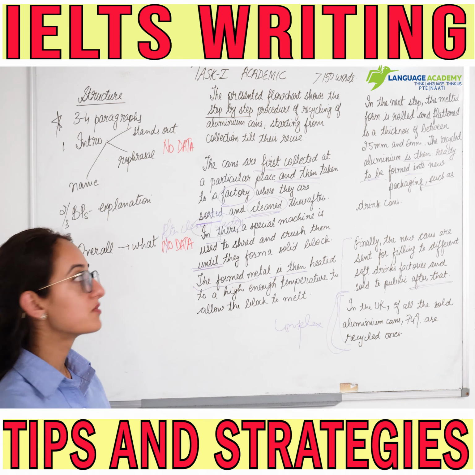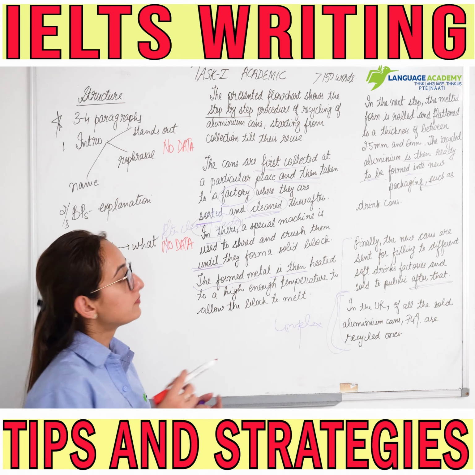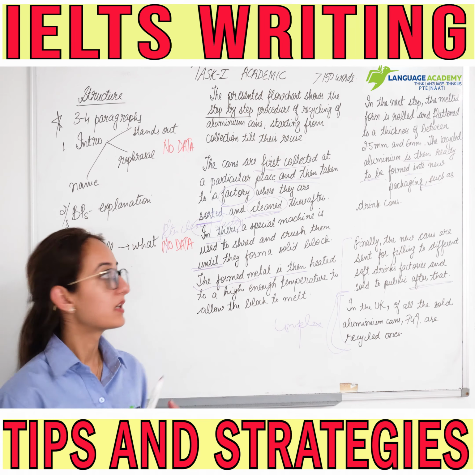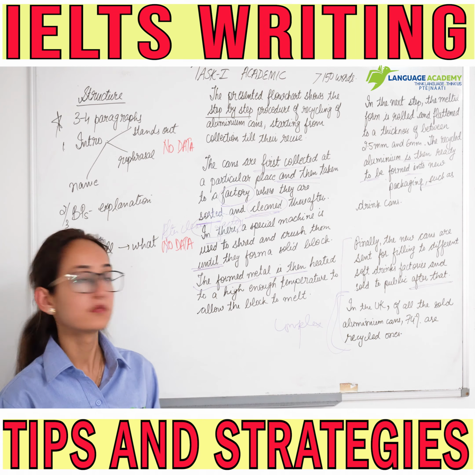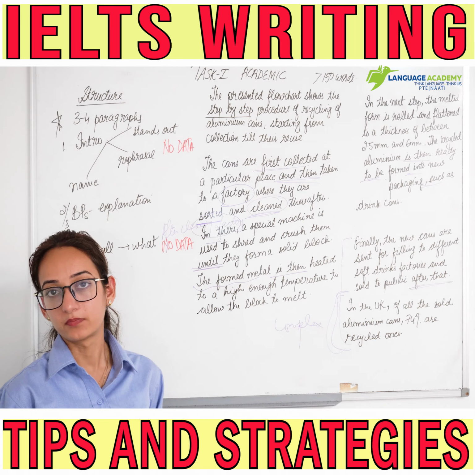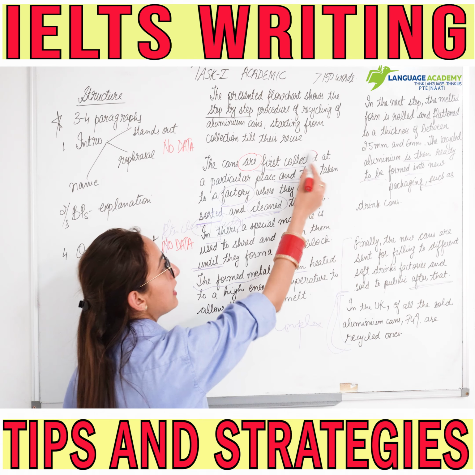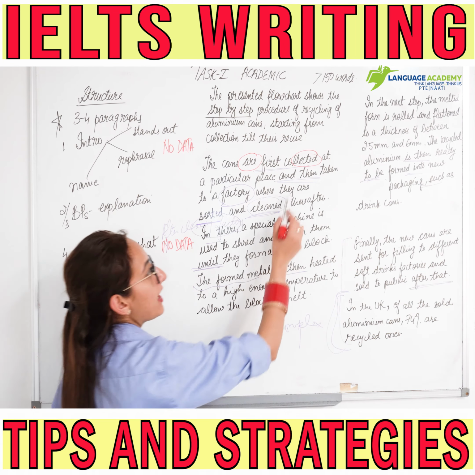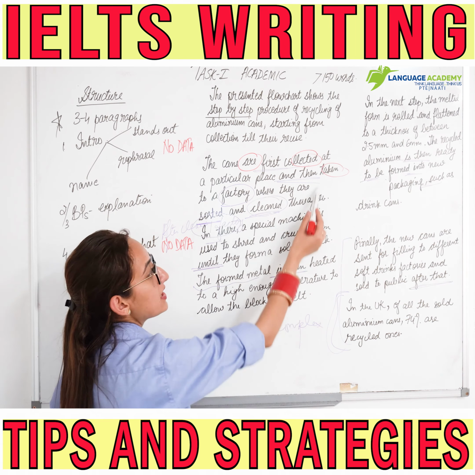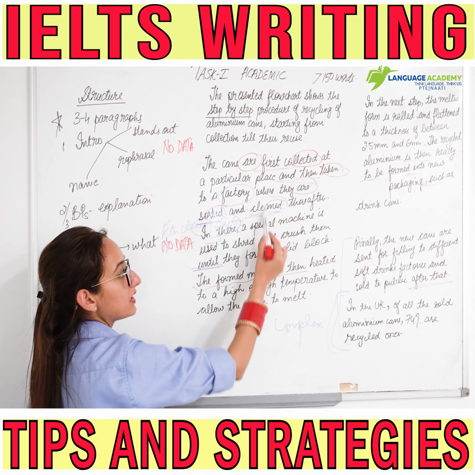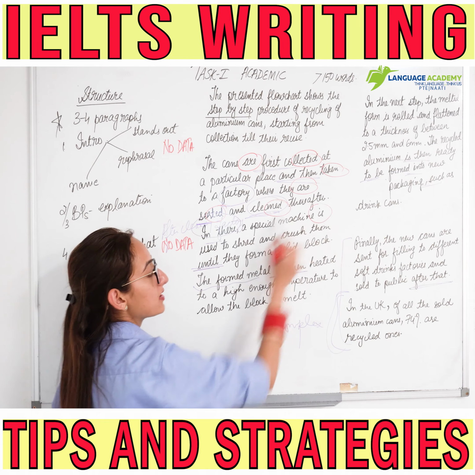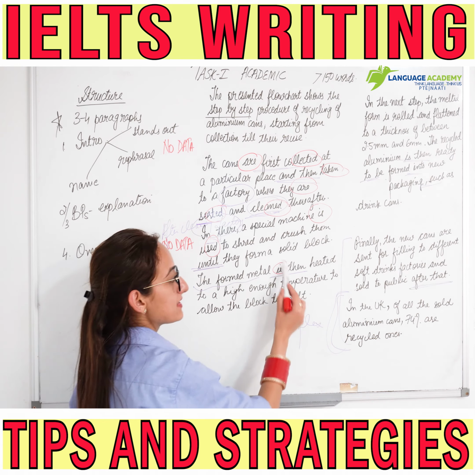We'll do one with the continuous form later on. So present is, am, are and the third form of verb. So it is, are collected and then taken, they are sorted, cleaned, is used, is heated.